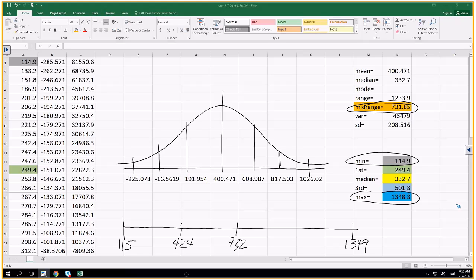1041. 1041? Yep. Okay. Now let's do 115 plus 424 divided by 2. That'd be 539, 540. Half of 540 is what? 270? Okay, somebody do these two.